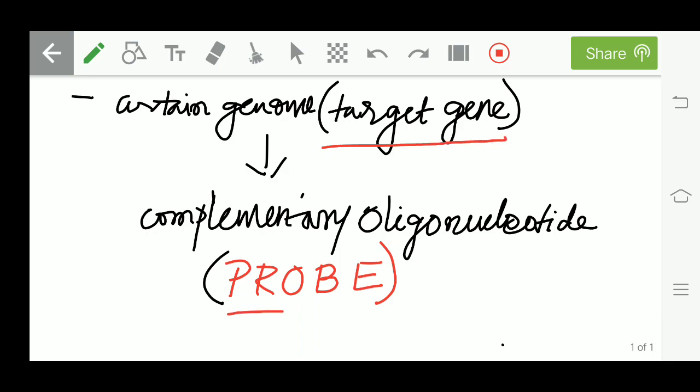So this probe will help you search for the target gene in the entire genome.